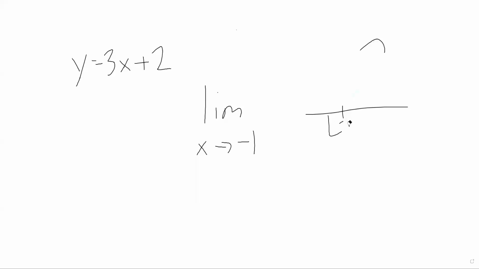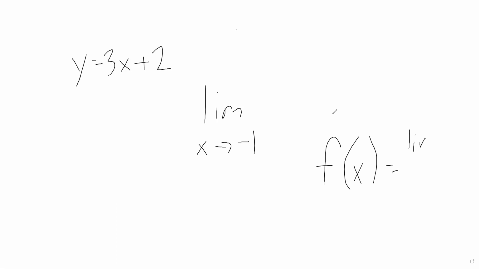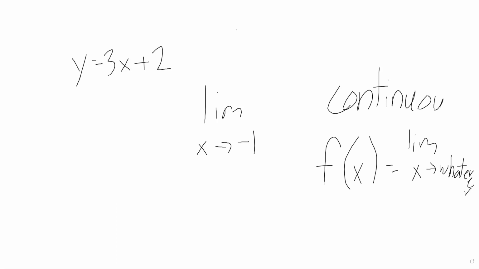But an easier way of doing that is the idea that whatever the f of x is equals the limit for x approaching whatever. Right? And that only works if it's a continuous graph.